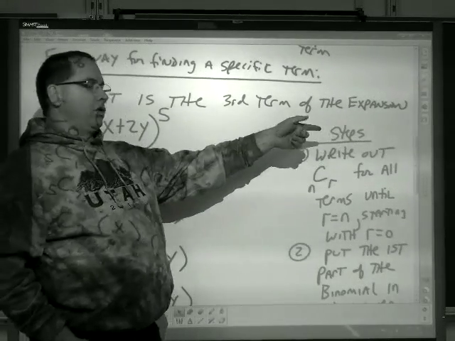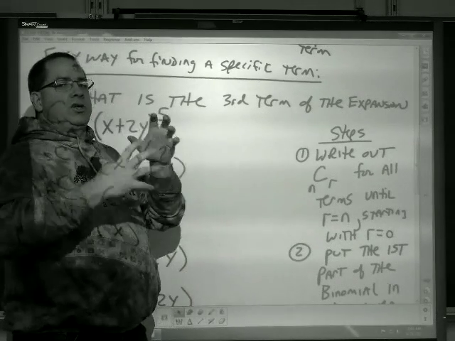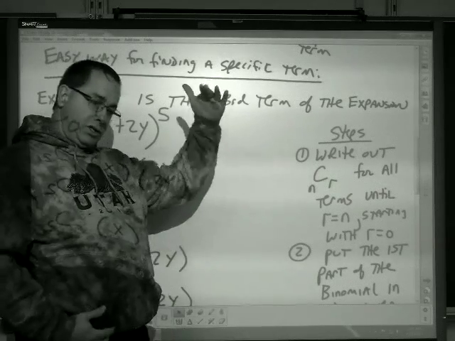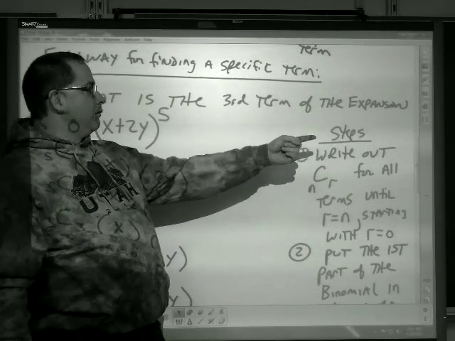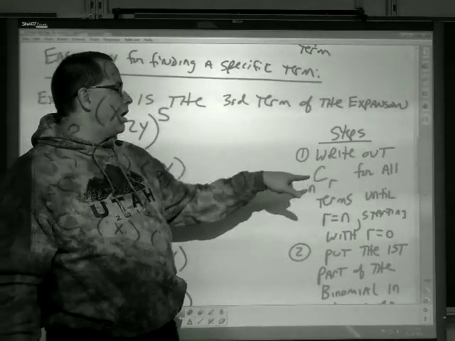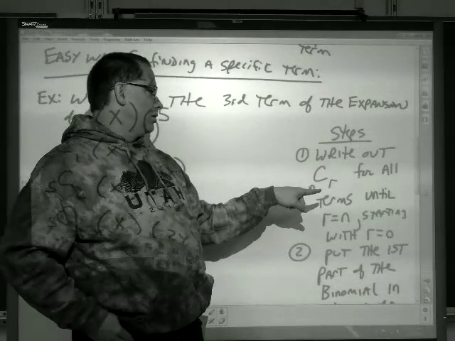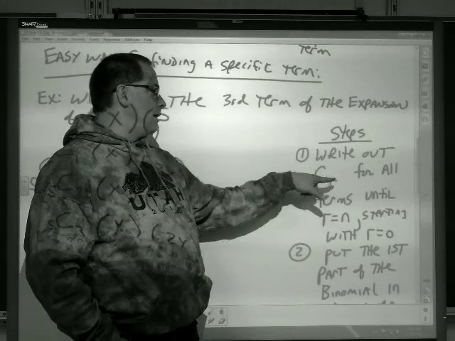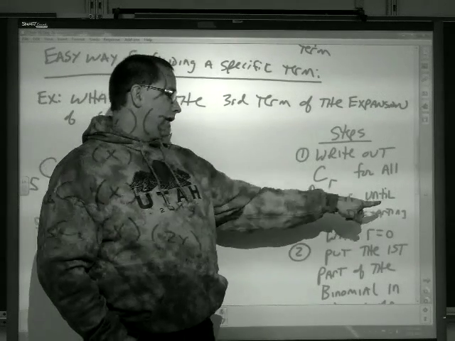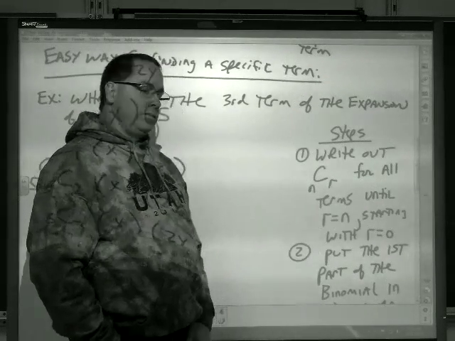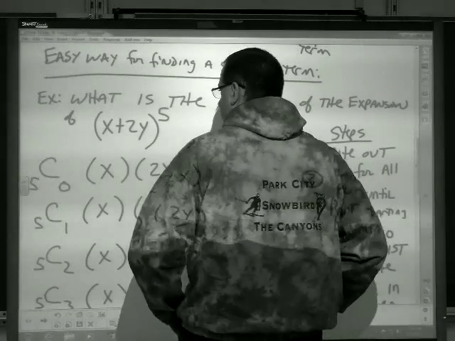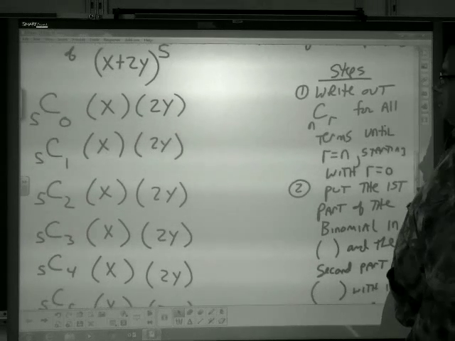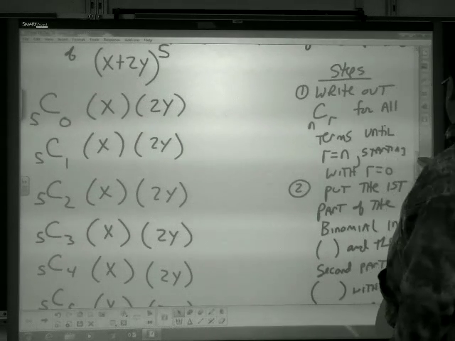So the first step we're going to take, and so this is just going to be a methodical process that you're going to have to just memorize on how to do, and just do it, all right? First step, write out nCr for all terms until n is equal to r, until they finally match. But you have to start with r equals 0. So I'm going to write out nCr for each of these.